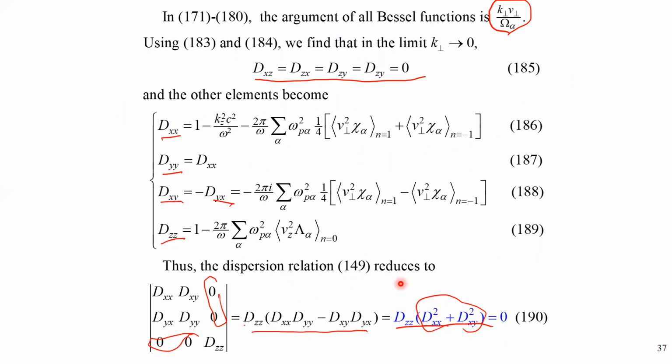First, dzz equals 0, which will give us electrostatic wave. Second is this one equals 0. The parenthesis equals 0, which will give us the left-hand circularly polarized wave and right-hand circularly polarized wave.